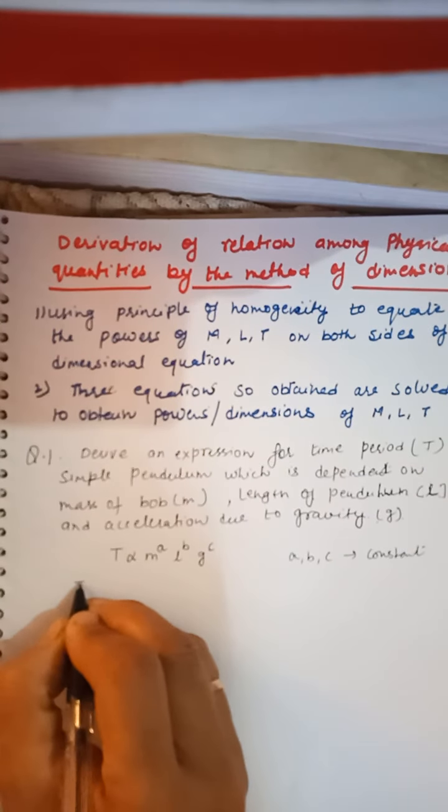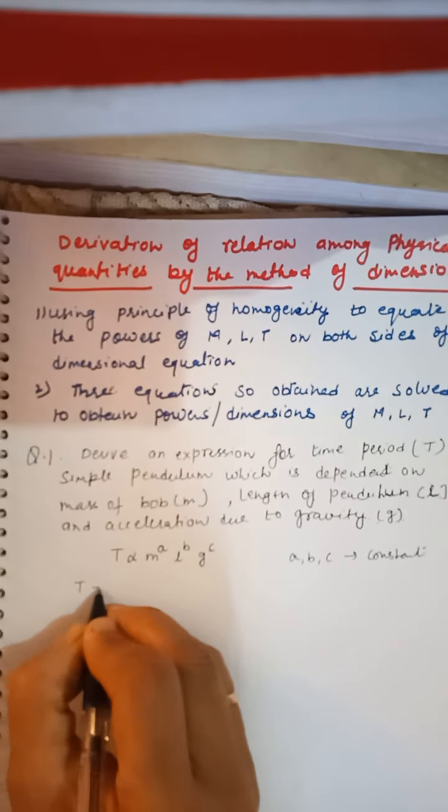Now the second step, when you remove the proportionality sign, a constant comes into the expression: T = k m^a L^b g^c. What is k? k is the constant of proportionality.